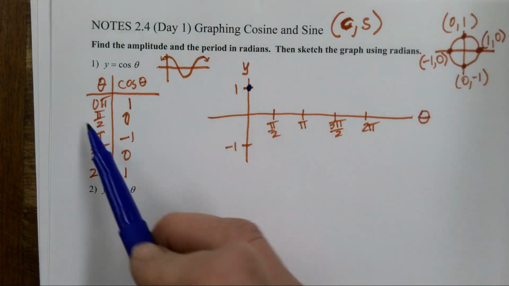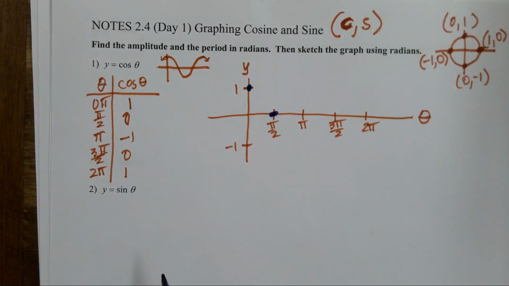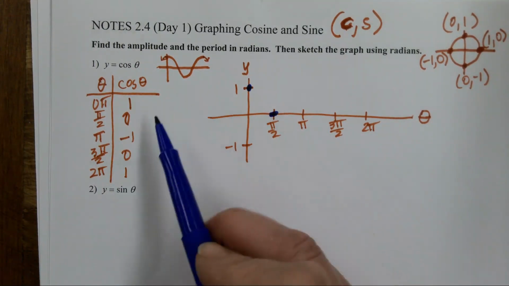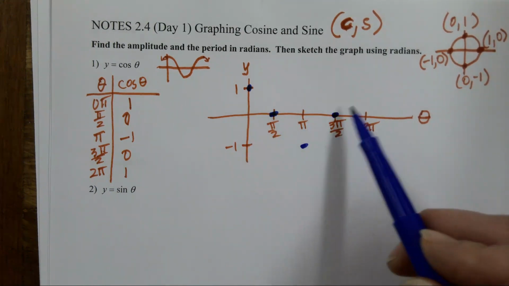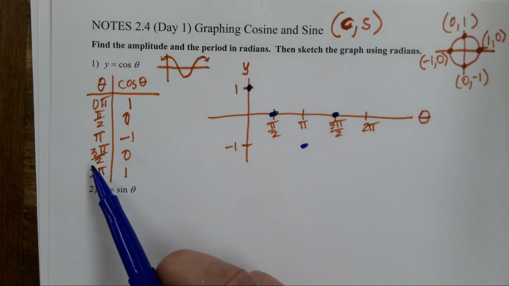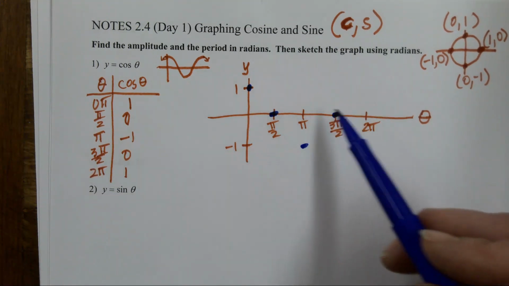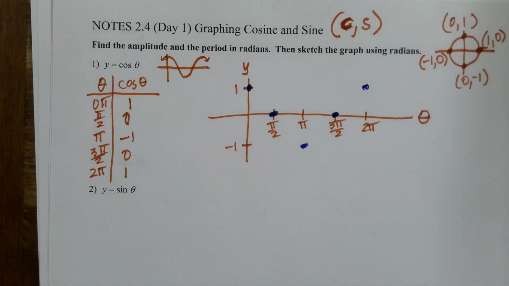Pi over 2, this is just an ordered pair. Pi over 2, 0, just graphing it like it's on a coordinate plane. Pi, -1. Then 3 pi over 2, 0. And then 2 pi, 1.